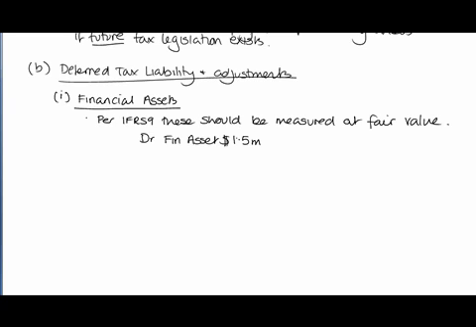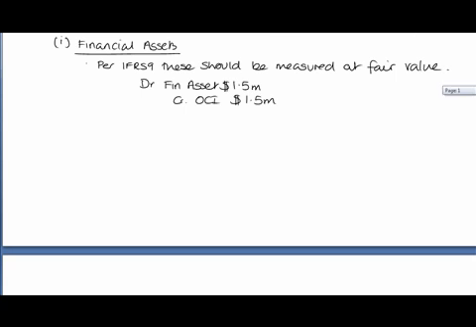So we debit financial asset 1.5 million and credit, as allowed by IFRS 9, an irrevocable election was made for changes to go through OCI. So I'm going to credit OCI 1.5 million. So that deals with the accounting.